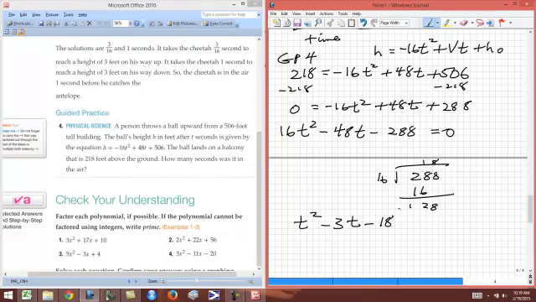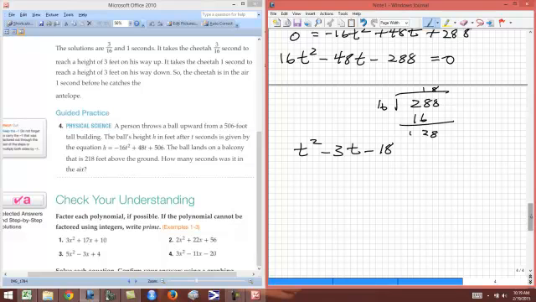Well, all right, you don't have to be Euclid or Archimedes or Isaac Newton to figure out this is going to factor to t minus 6 times t plus 3 with the 16 in front equals 0. Well, the 16 doesn't matter. You divide both sides by 16 and it goes away. So you're going to get t equals 6 or t equals negative 3.